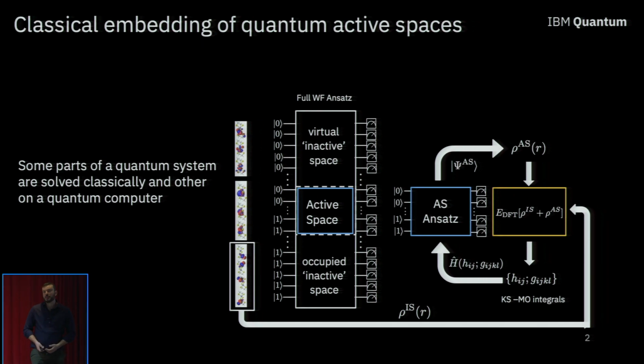Well, you can do that with a quantum computer as well. So the idea is that instead of using high accuracy classical computational methods to treat the degrees of freedom of your system that require very high accuracy, we can just use a quantum computer.